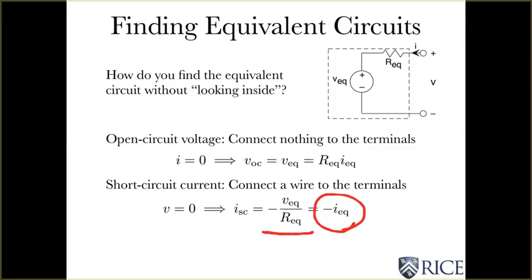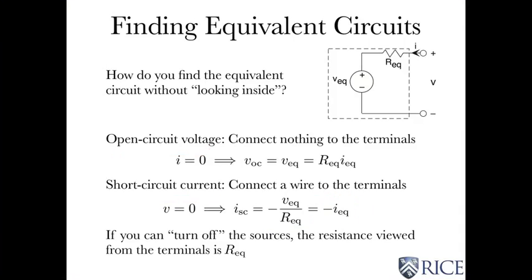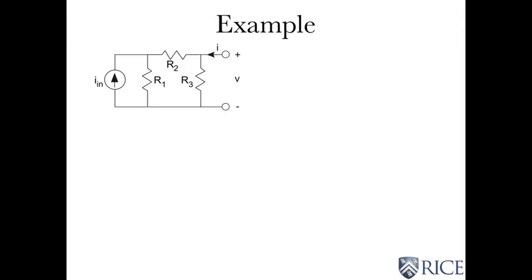So by making measurements at the terminals, the open circuit voltage and the short circuit current, you don't have to look inside the box, as it were, to figure out what the equivalent circuits are. So let's go on to a simple example.